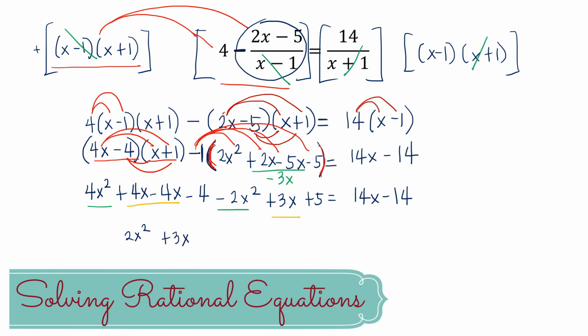And then constants, we have negative 4 and positive 5. Negative 4 plus 5 is positive 1. And then by APE, this 14x minus 14 on the right side will now become negative 14x plus 14 equals 0.